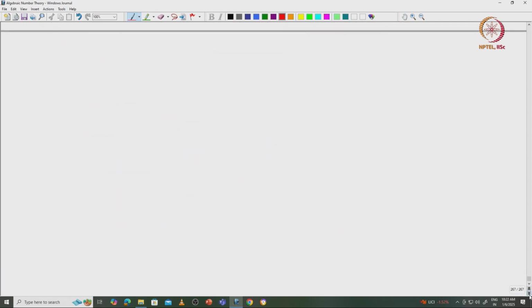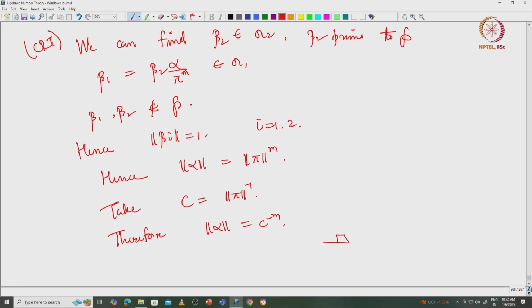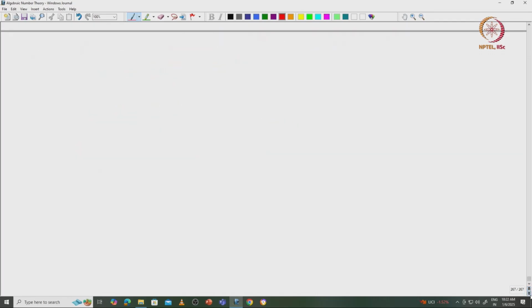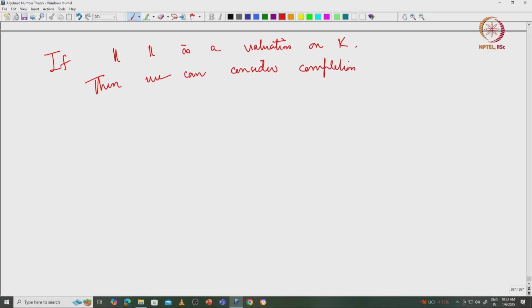So now let me do the following then. So if this is a valuation on K, a number field, then we can consider the completion of K with respect to the metric induced by the valuation.